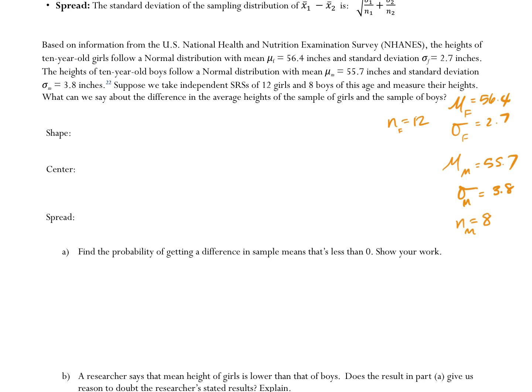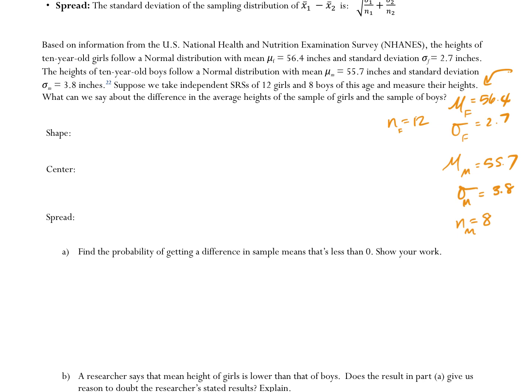All right, so can we talk about first the X bars from just the girls? Will they be normally distributed? Yes, because the population is normal. And what about for the boys?